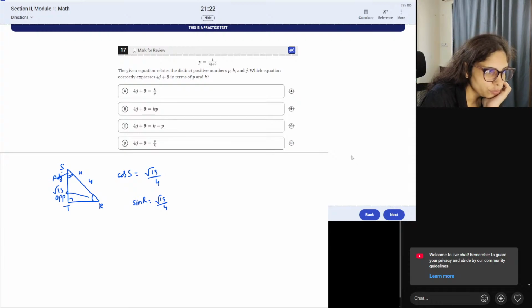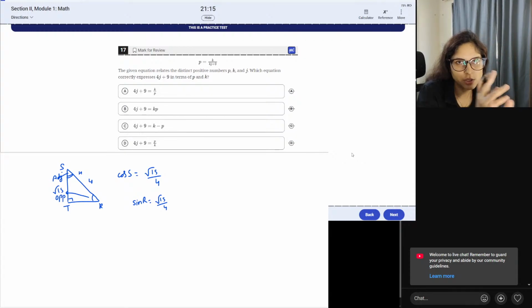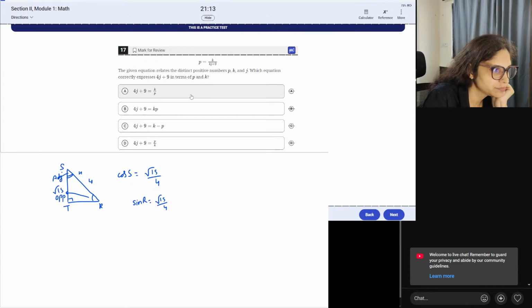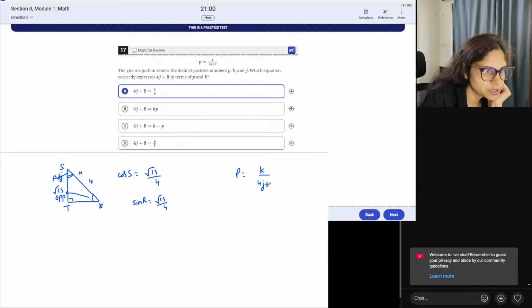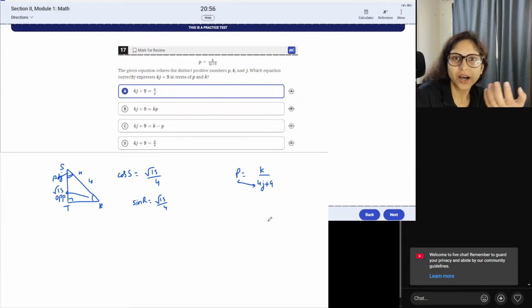P is equal to K over 4J plus 9. You have to write 4J plus 9 in terms of P and K. You can just interchange. 4J plus 9 is going to be K over P. We are combining two steps together: cross multiply, then divide by P, directly interchange.